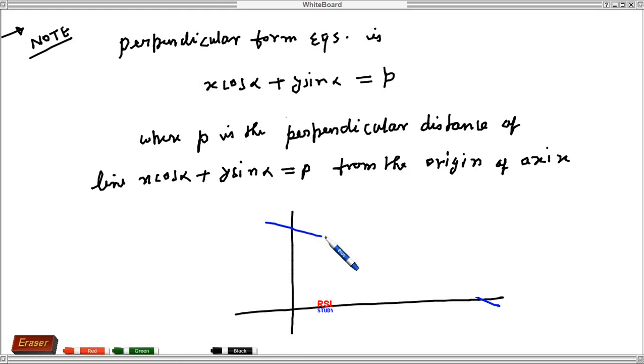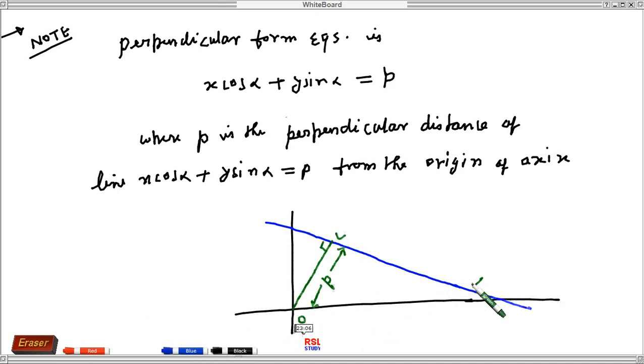Suppose that the line is this, then p is the perpendicular distance from the origin.